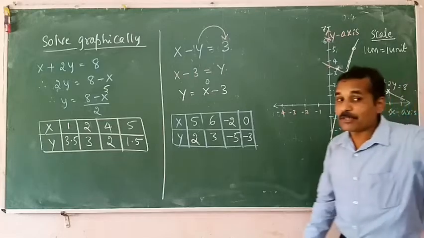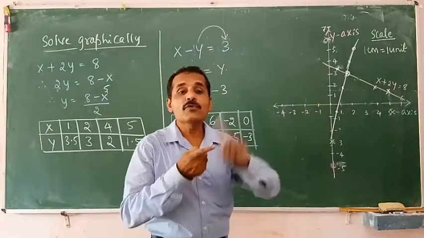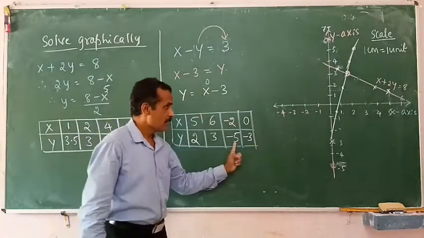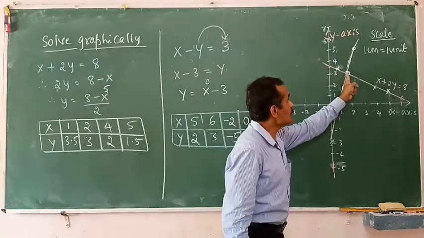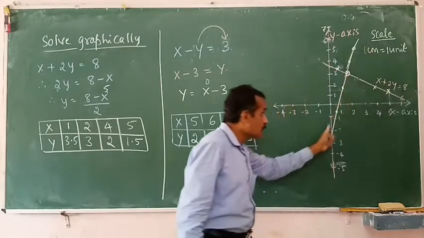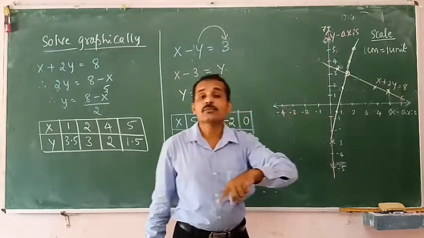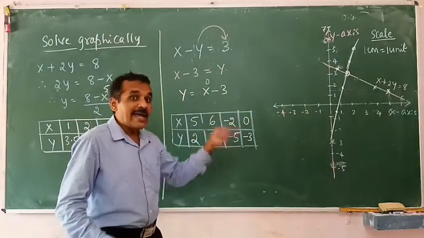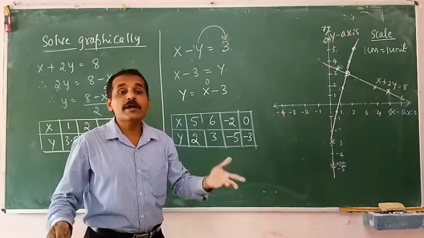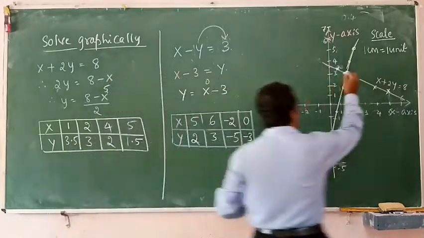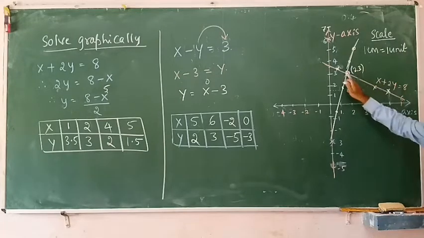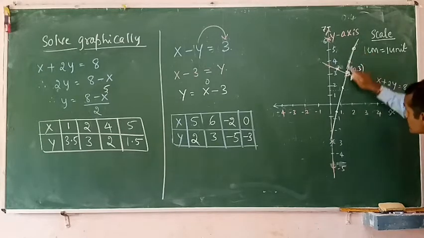That's what I told you in my previous video. Every equation has infinite number of solutions, and every solution has infinite number of equations. Both ways is true. Say this is a solution, say it is 2, 3. This is the solution for this equation also.